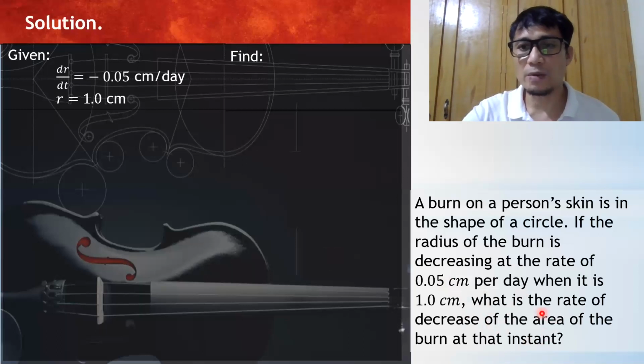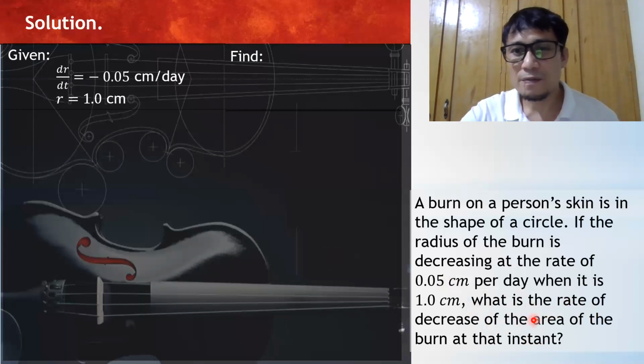Question. What is the rate of decrease of the area of the burn at that instant? So what are we looking for here? We're looking for the rate of decrease of the area of the burn. It means another quantity we have here is the area, and the area is changing again with respect to time.